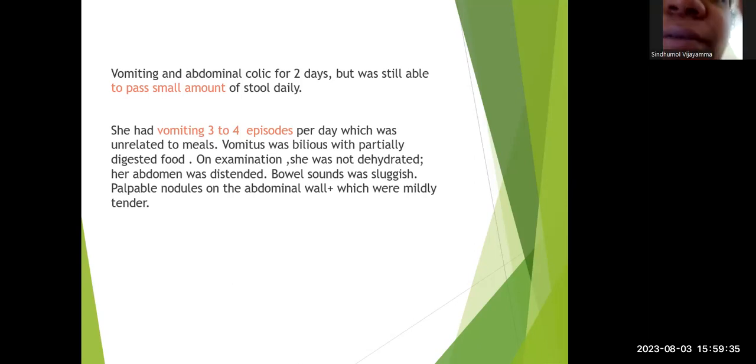Partial obstruction maybe. Okay, why, sister, do you think it is partial obstruction? What are the features from which you identified it as partial obstruction? Mild sluggish bowel sounds, mild distension, not dehydrated, vomitus with partially digested food.